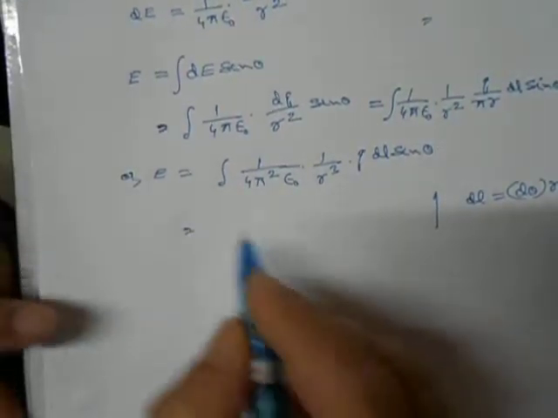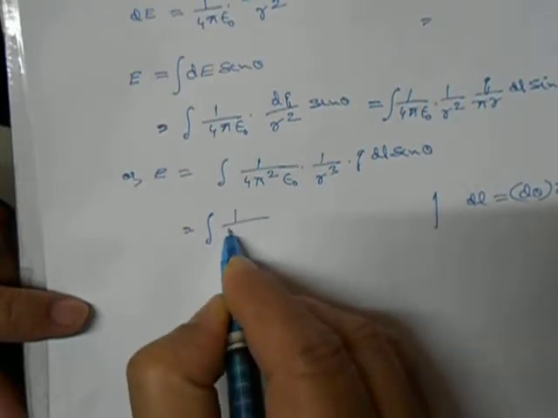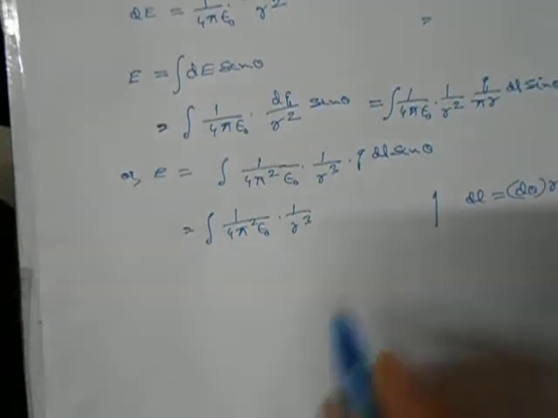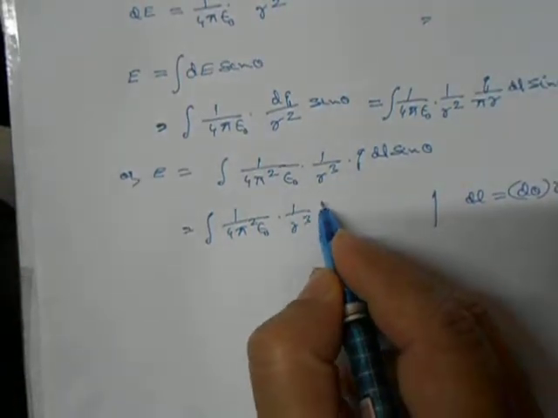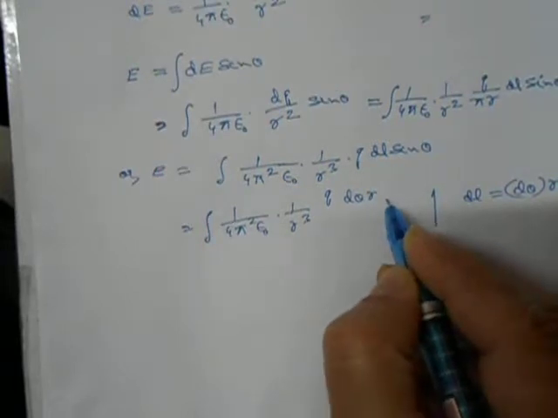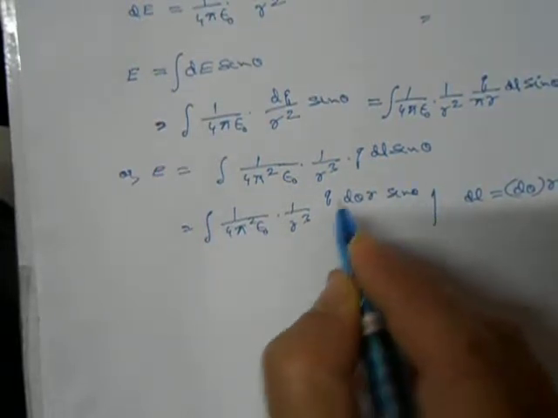Now if I substitute here, this will be 1 by 4 pi epsilon naught, 1 by r cube. Q is already there. Instead of dl, I write d theta into r, then sine theta.